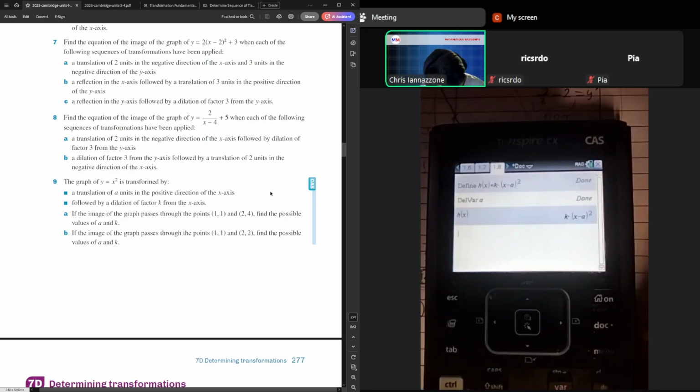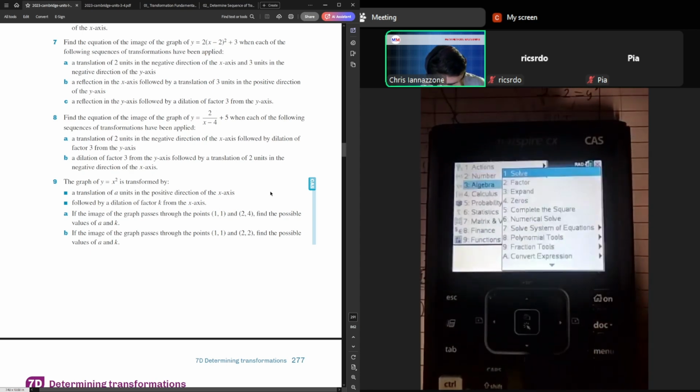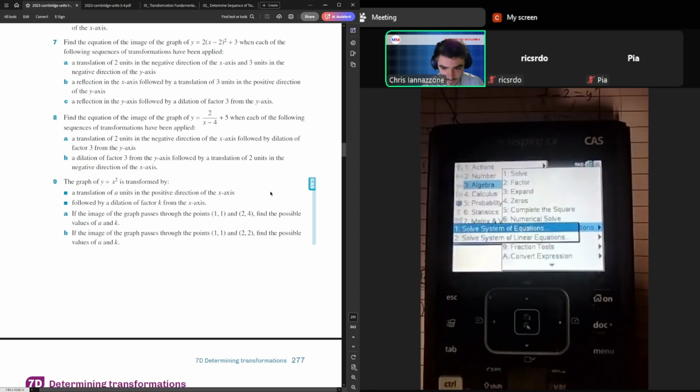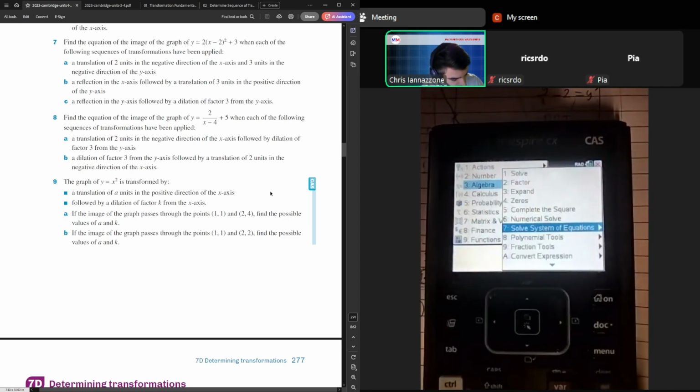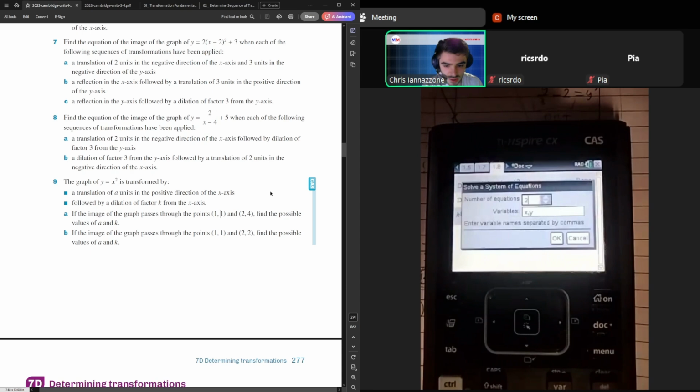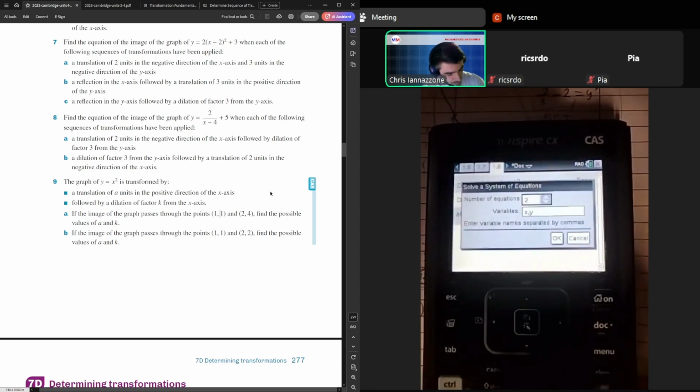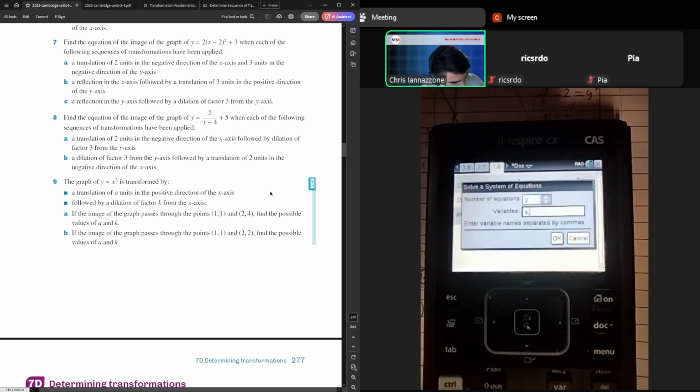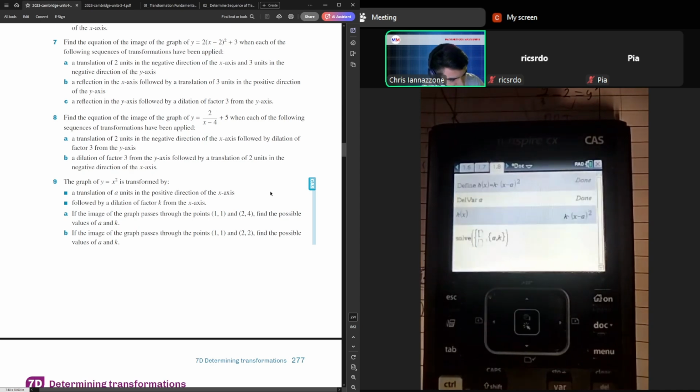So now when I print my h of x, I should just get back what I typed in. Menu 3, 7, 1. So solve system of equations, and then again solve system of equations. From here we have two equations because we have two unknowns, and those unknowns are a and k respectively. From here it becomes pretty easy to sub in your points.